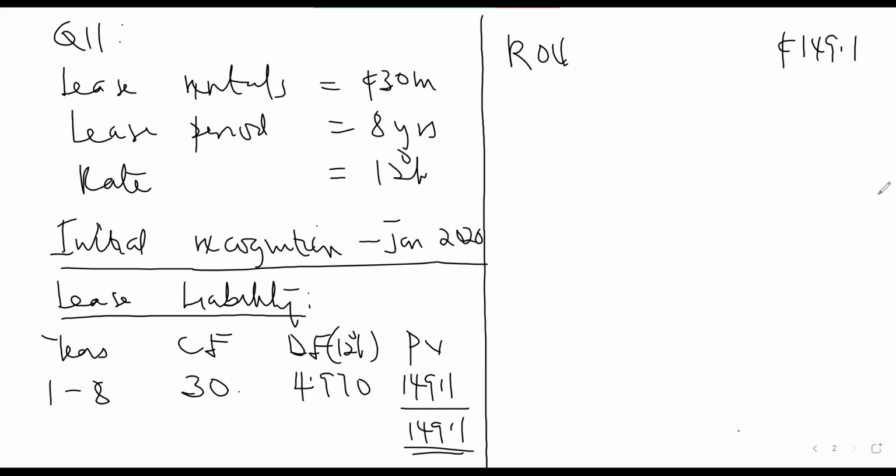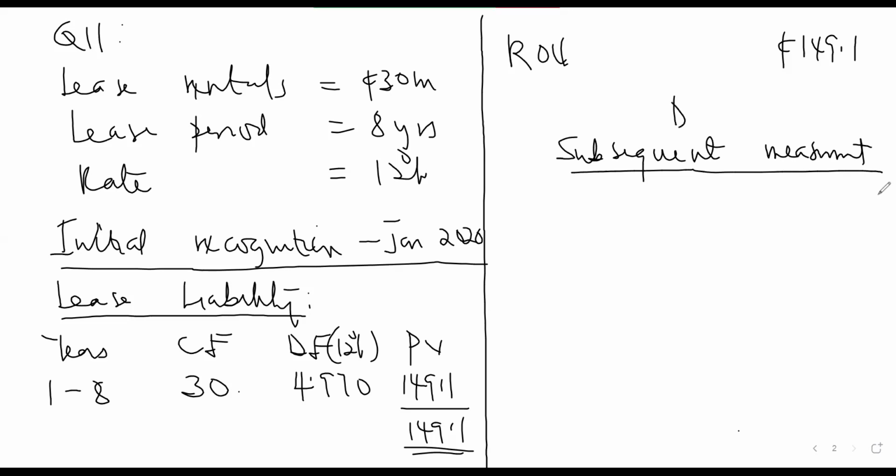So let's go to the subsequent measurements for this year. Subsequent measurement will be December 2020. So at the end of the year, what are we going to be doing? We are going to be depreciating our right of use.